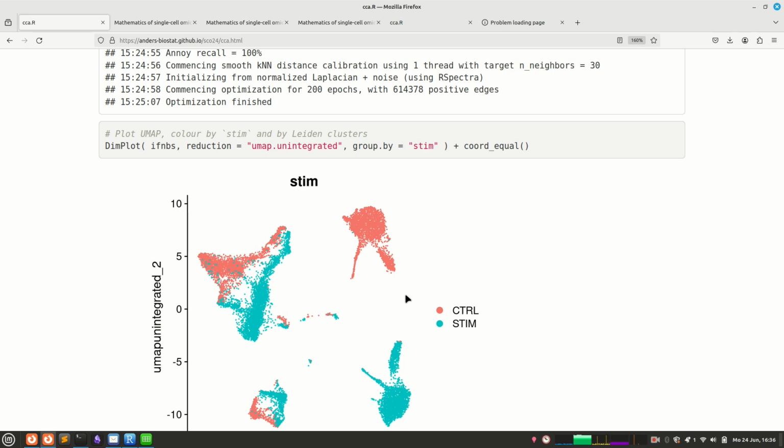Instead, we take a neighborhood among these cells and a neighborhood among those cells, find all the edges that connect any cell here with any cell here, and average all these vectors in order to get the vector to subtract from the stimulated cell in order to get a corresponding position in the control cells manifold. To make this averaging over neighboring cells, you can again do our kernel smoothing.